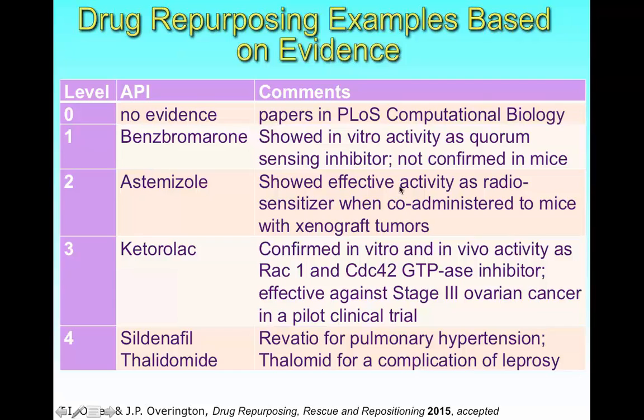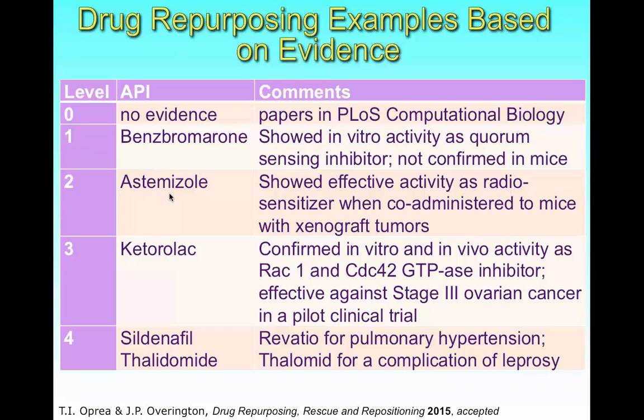We took a small molecule similar to benzbromarone, and that works in mice, so we're pursuing that, but benzbromarone itself is a closed story. We have some activity for Astemizole, but we do not follow that up, mostly because of funding issues. And with Ketorolac, we show effectiveness in stage 3 ovarian cancer.